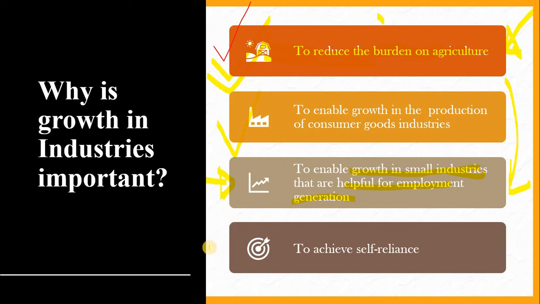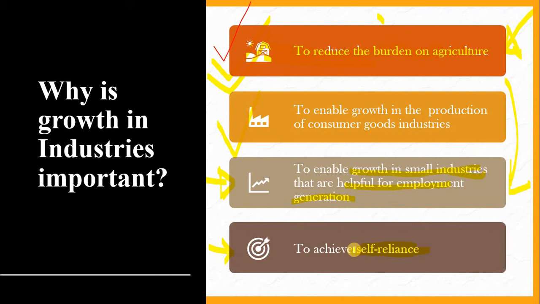What is the fourth important usage? That is reduce dependence on foreign countries and improve dependence on ourselves. That is called self-reliance. So self-reliance means depending on our own ability.